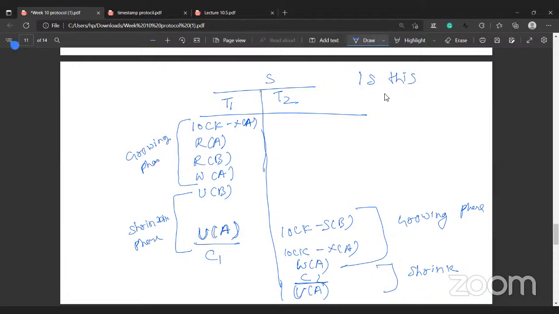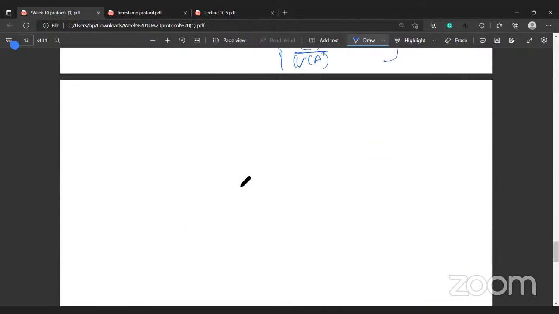No, sir. Yes, because you can see that the unlock of exclusive lock A is before the commit operation. So this is not strict 2PL. Now we will see rigorous 2PL.